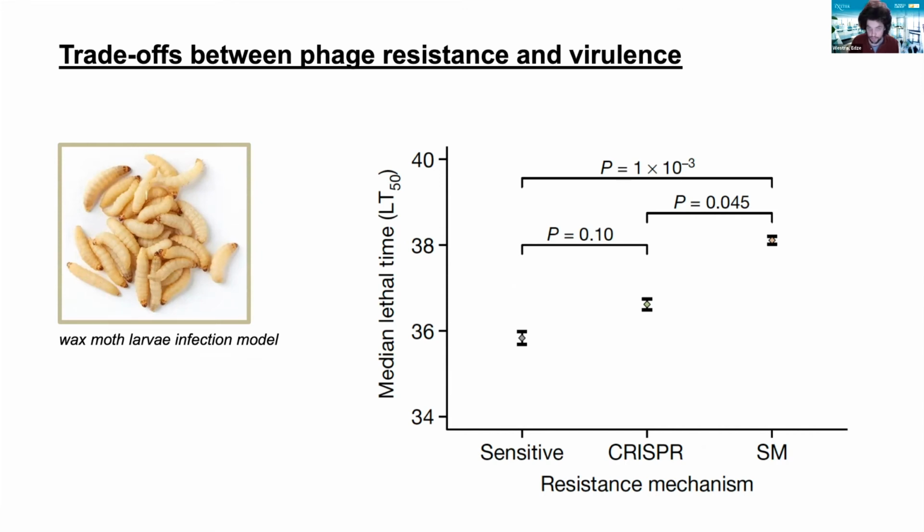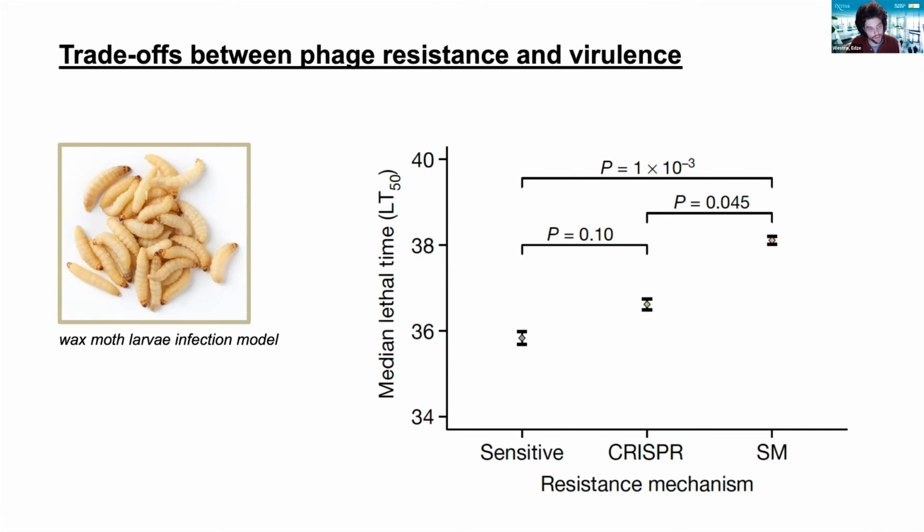It's very frequently observed. And this is because changing the cell surface also means that the interaction with the host that the bacterial pathogen tries to colonize is changing, and often not in a positive way. So it becomes more difficult for the bacterial pathogen to colonize its host.